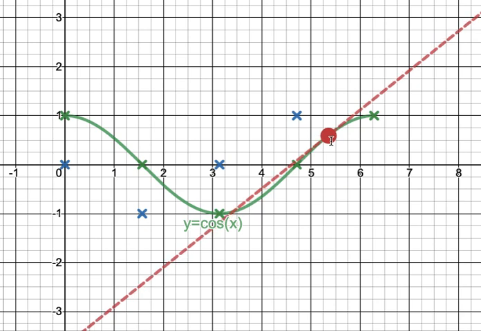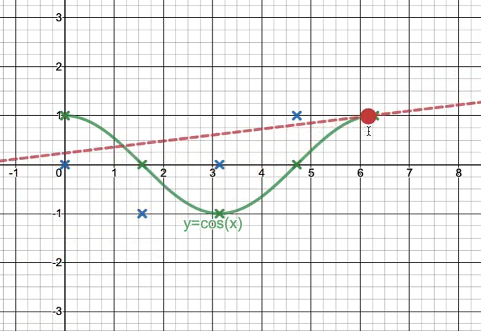Finishing off the cycle, when we get to the end of one cycle, we're back at a maximum for cos x, and that is where the gradient is 0. So we can plot a point for the gradient at 0. All right, let's get the tangent line out of the way and have a careful look at the points that we've plotted, taking some liberties in terms of how they join up.